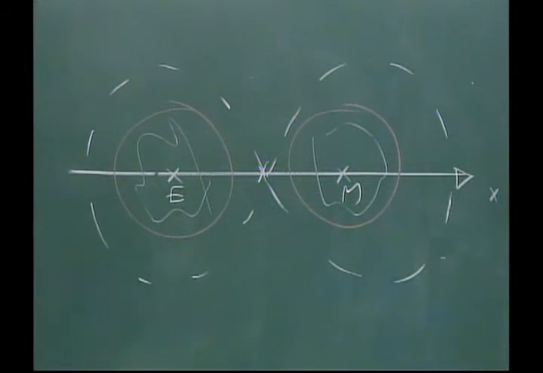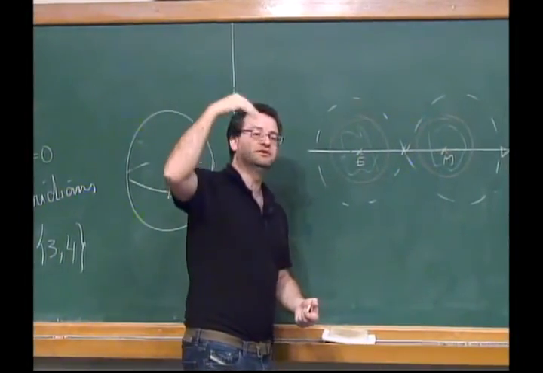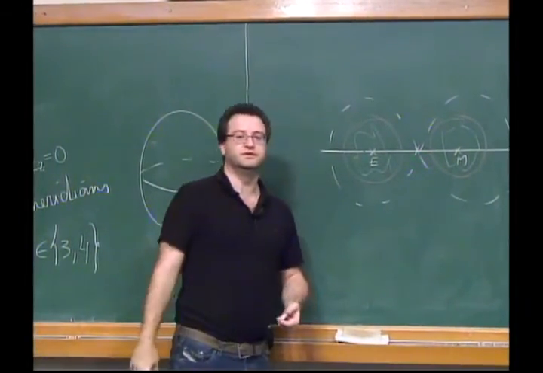So you have a global surface of section. But they show that by lifting it to S3, so you have this global surface of section on the lift, not downstairs. It's not clear if you can produce this open book decomposition on S3, you can push it downstairs.